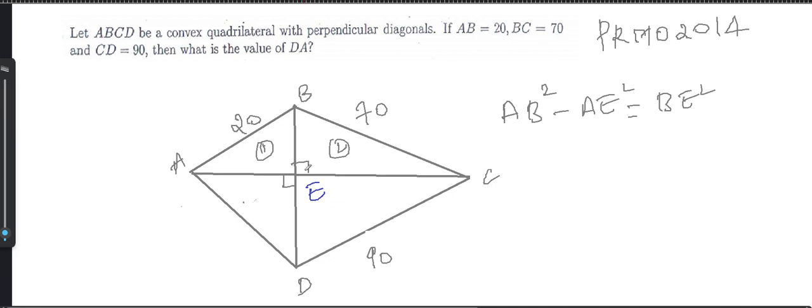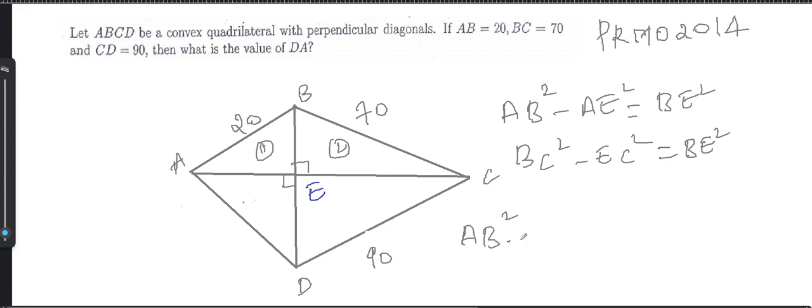Considering the right angle triangle ABE, we are again going to consider the right angle triangle BEC, where we say BC square minus EC square is also equal to BE square. Can we equate both of these?